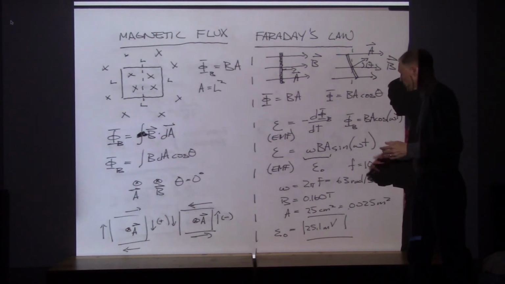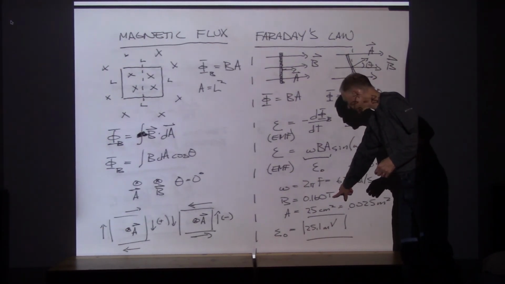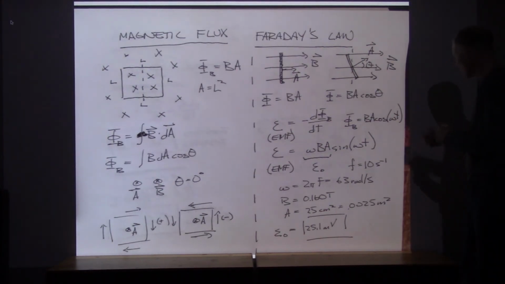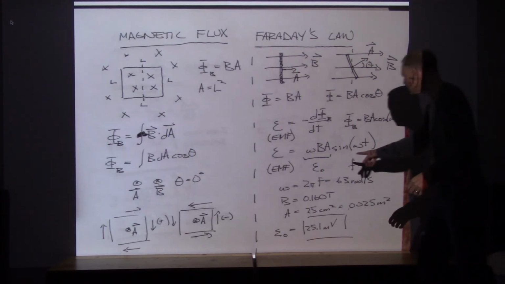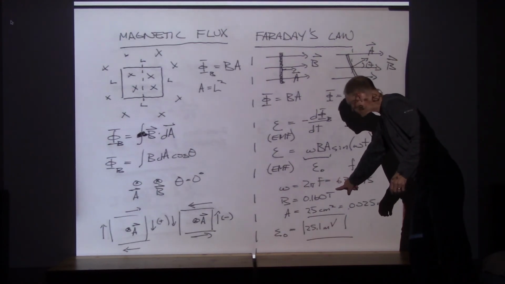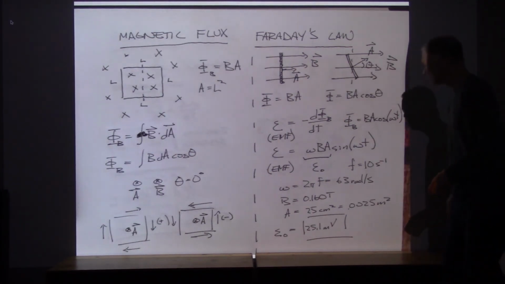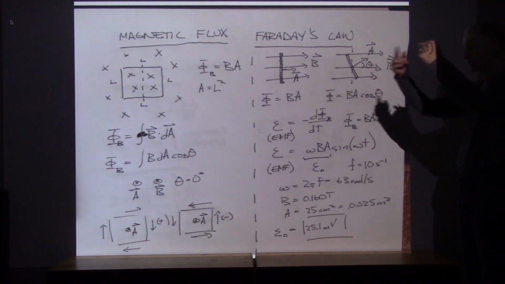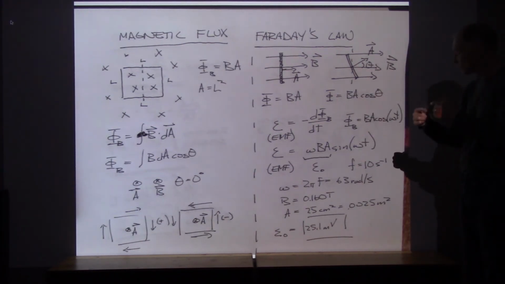And these are just numbers I'm putting in, 0.16 Tesla. And then I just picked, I think part of this was a problem that they did give on one of the slides. So putting together the omega and the B and the A gave me 25 millivolts. So the peak EMF, as we rotate this thing around, is going to be 25.1 millivolts.